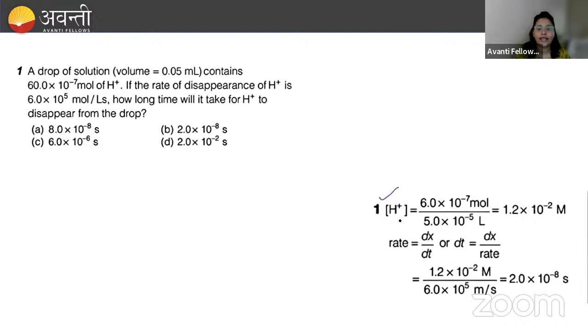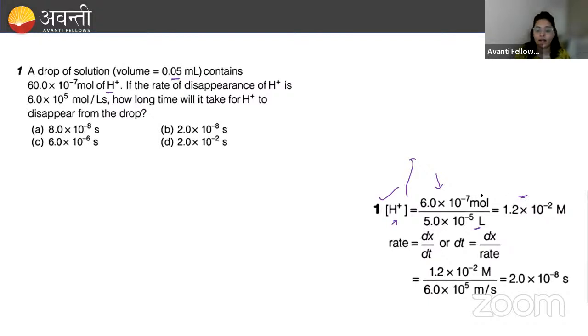You can see I have calculated the H plus ion concentration. 60 into 10 raised to minus 7 mole of H plus is present, but in how much volume? 0.05 ml. I converted that into liters and got the concentration of H plus, that is this much.